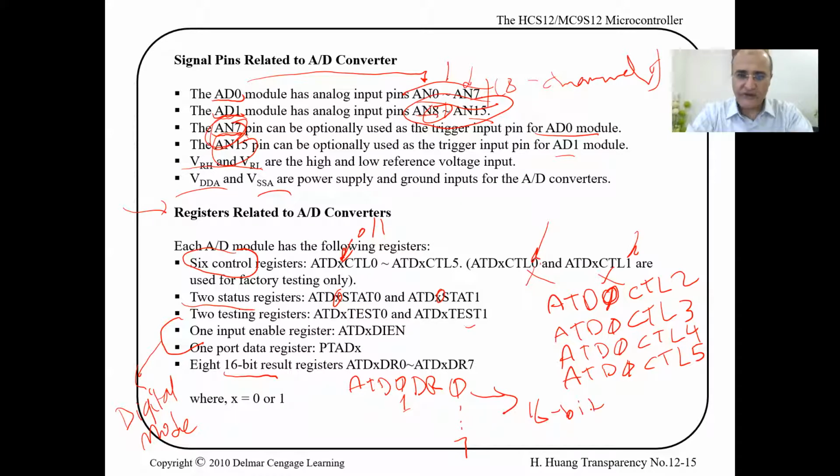You can deal with it as A to D 0, data register 0, low or high, to access the lower 8 bits or the higher 8 bits, because this is 16-bit. In this case, this would be 8-bit, and this would be 8-bit.